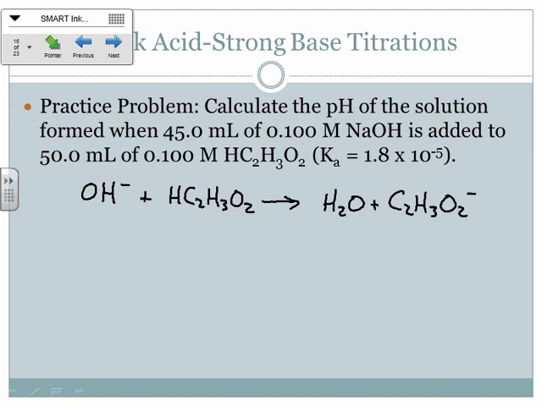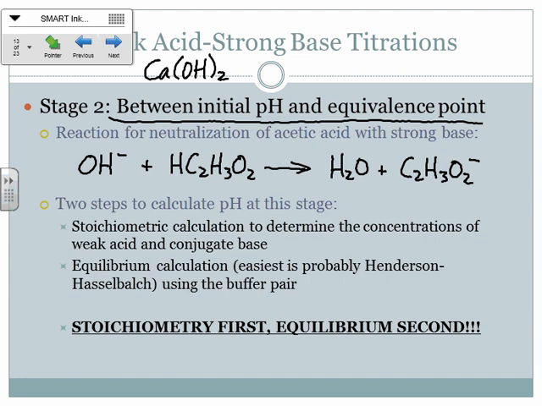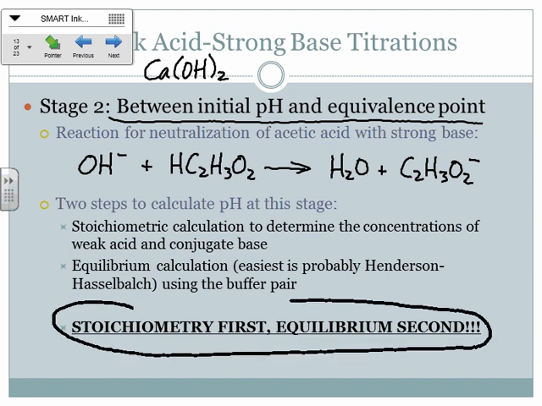Okay, so now, again, I'm going to write moles on this one because we're doing our stoichiometry first, and then we have to think about our equilibrium second, okay? And again, it would have been much better if I had put it here in the process, but this is at stage 2, okay? This is before we get to the equivalence point, but we've started adding some of the strong base at this point, all right? So this is where you've got to remember: stoichiometry first, equilibrium second.